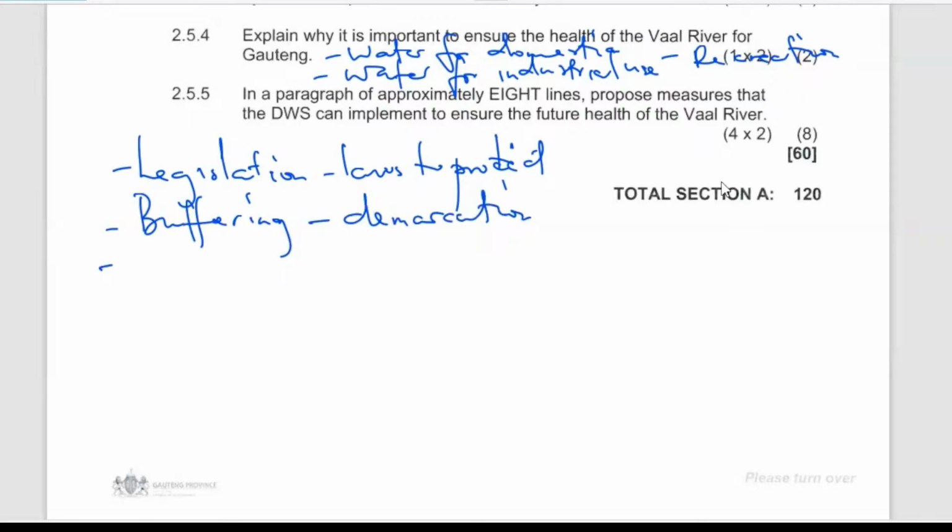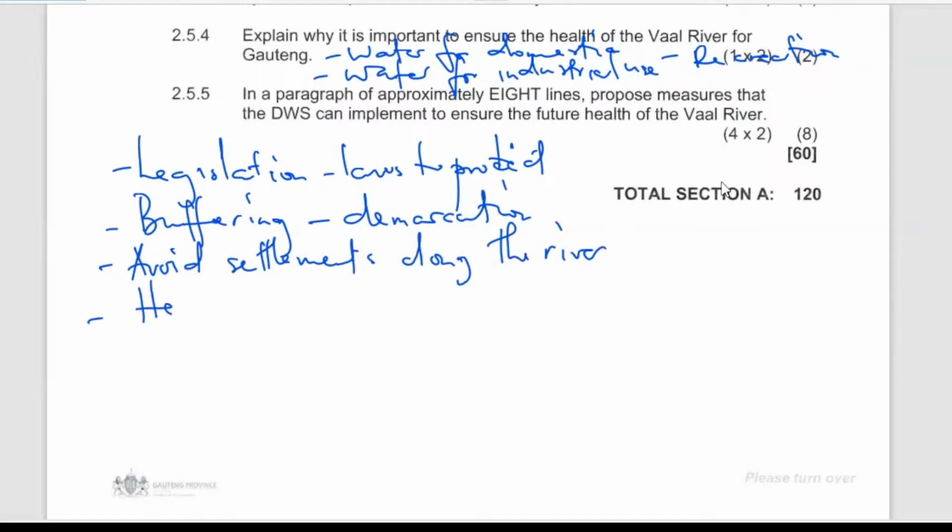In this instance, we will talk of negative human influence. We can also avoid settlements along the river. Or we can talk of heavy fines and penalties for those who are seen polluting the river, or we can talk of law enforcement.